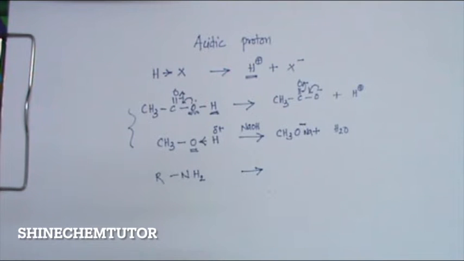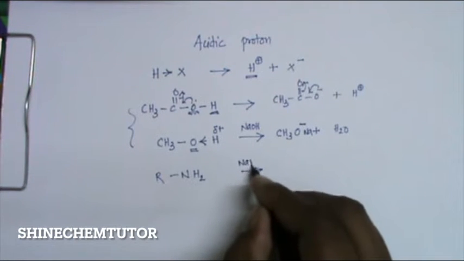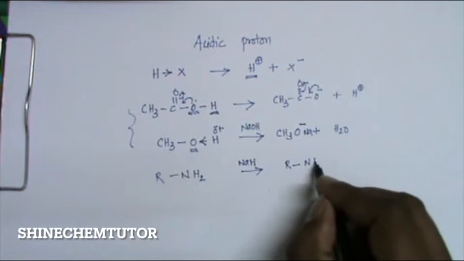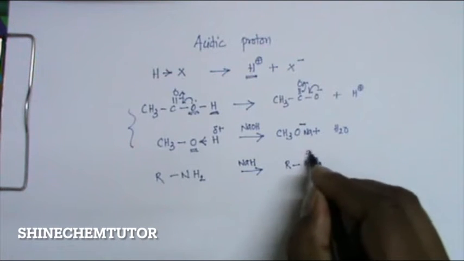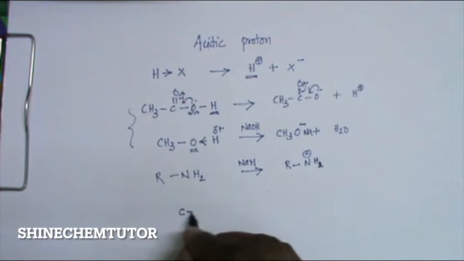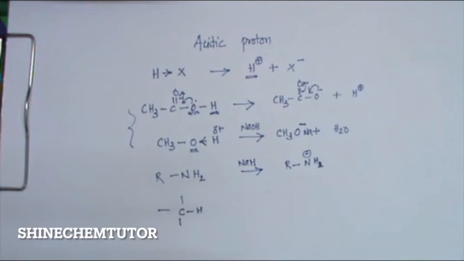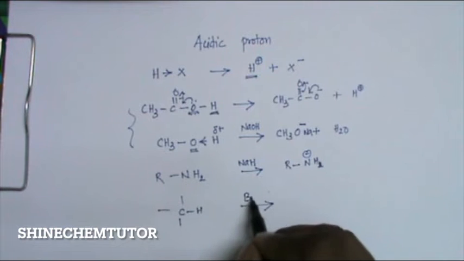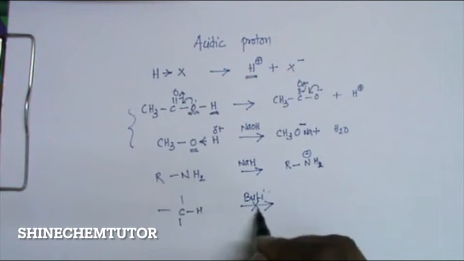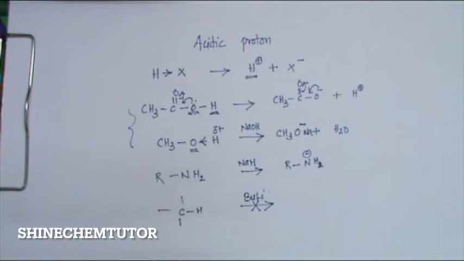So if you use stronger base like NaH or butyl lithium, you may be able to abstract this hydrogen. Finally, when I go for carbon, this hydrogen is not at all acidic. Even if I add butyl lithium, the strongest base, there won't be any reaction. We will not get the corresponding anion.